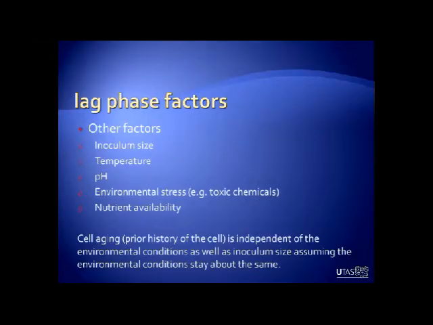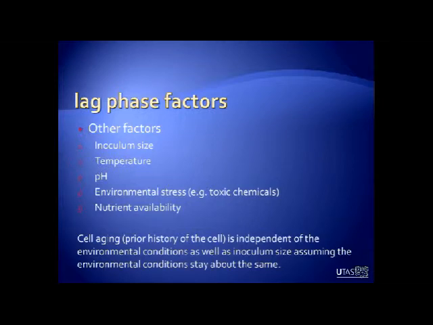There are other factors that can affect the bacterial lag phase, such as the inoculum size. The initial number of active cells in the population determines how quickly visible growth can be observed. That means a large number of active cells would reach a level of visible growth more quickly than a small number.